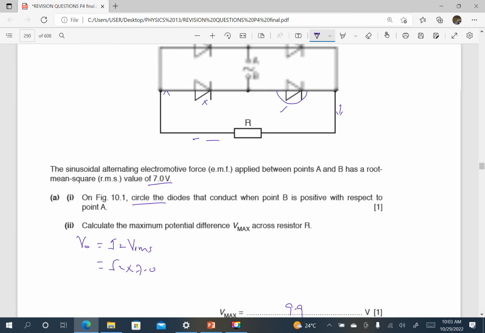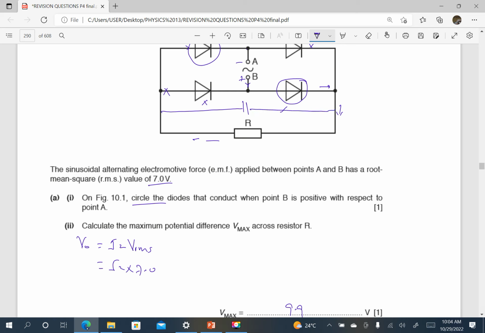So we must draw a capacitor on this figure 10.1. The capacitor must be drawn parallel with the load, so we shall draw a capacitor here across the load to produce smoothing.